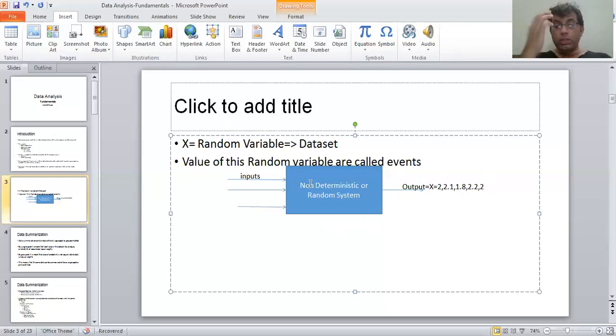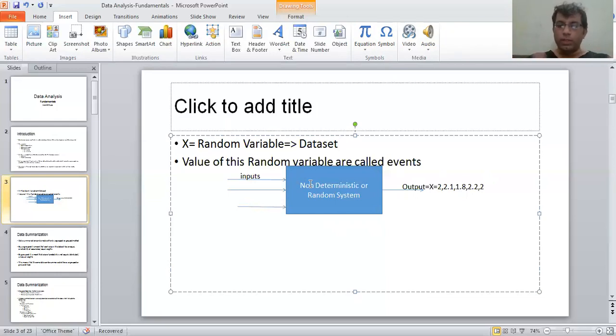And once we are able to analyze this system, then this means we are able to understand how this system works. We are able to understand the characteristics of the system, the behavior of our system. And once this is done, then it means we can do predictions, for example, of the output in some future state of time. So this is the whole purpose of statistics.